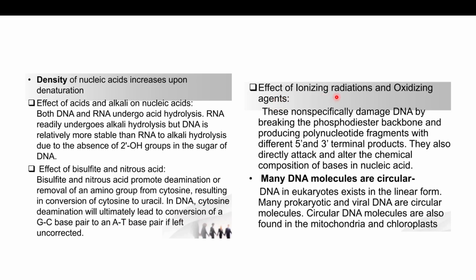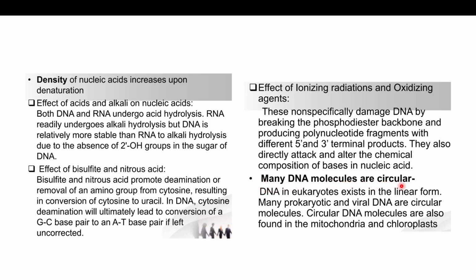And if we talk about the effect of ionizing radiations and oxidizing agents, these non-specifically damage DNA by breaking the phosphodiester backbone and producing polynucleotide fragments with different 5' and 3' terminal products. They also directly attack and alter the chemical composition of bases in the nucleic acids.